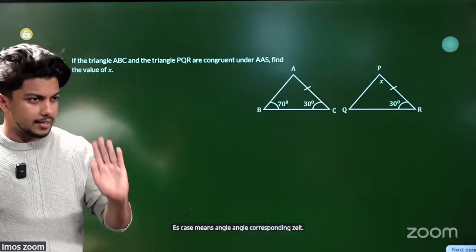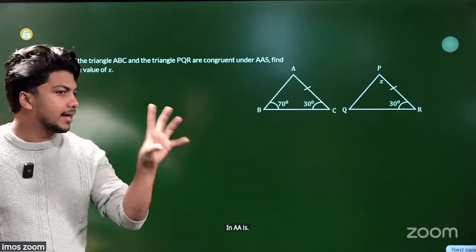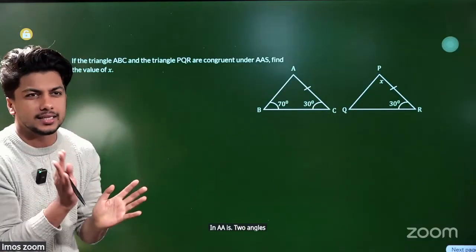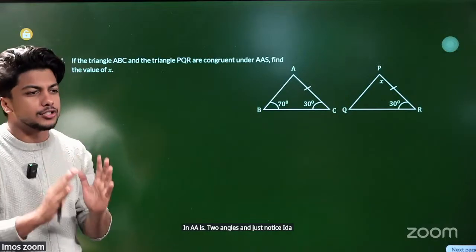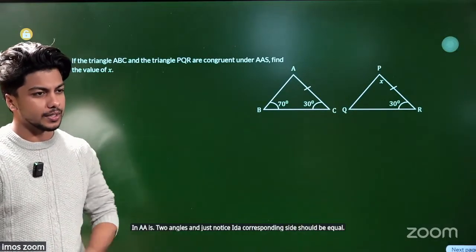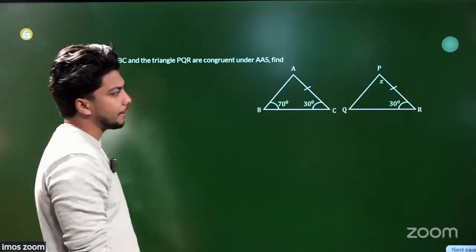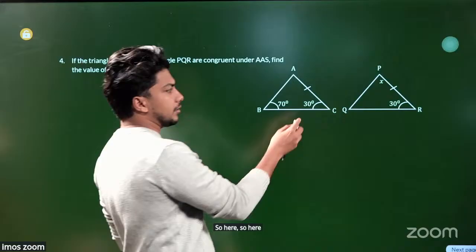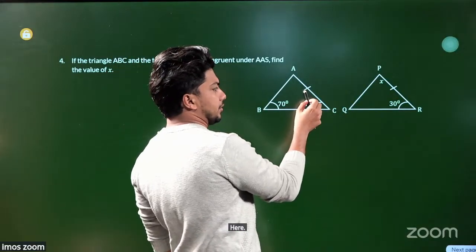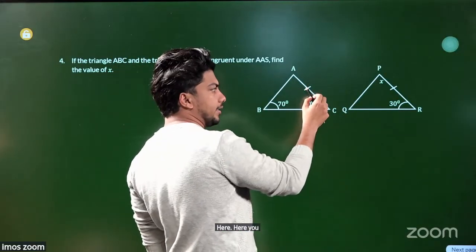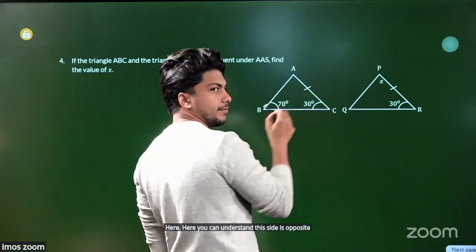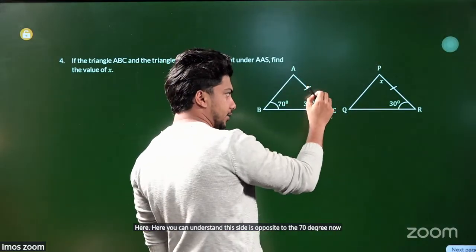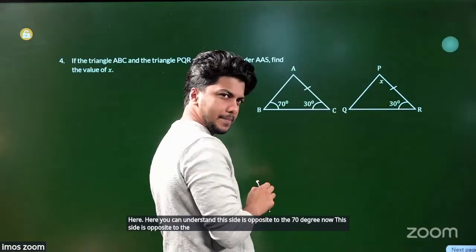In AAS, two angles and just the corresponding side should be equal. Okay. So here you can understand this side is opposite to the 70 degrees. This side is opposite to the 70 degrees.